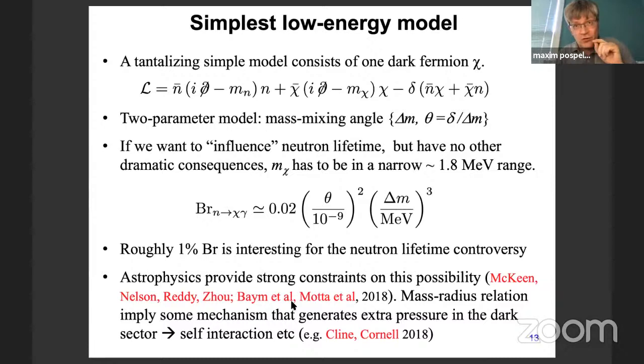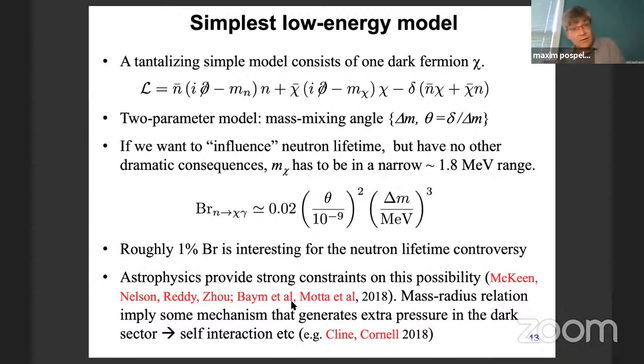The tricky part is that if there are no additional pressure mechanisms in the chi sector, then in that case this model seems to be incompatible with observations, because for various input equations of state, there is a connection between the radii of the neutron stars and the masses of the neutron stars.